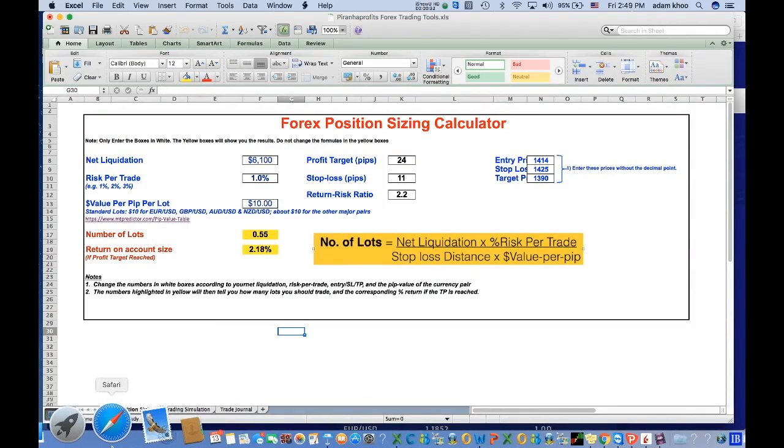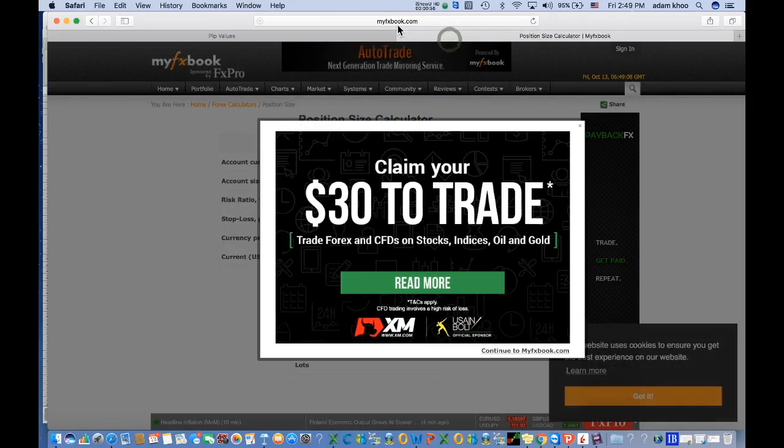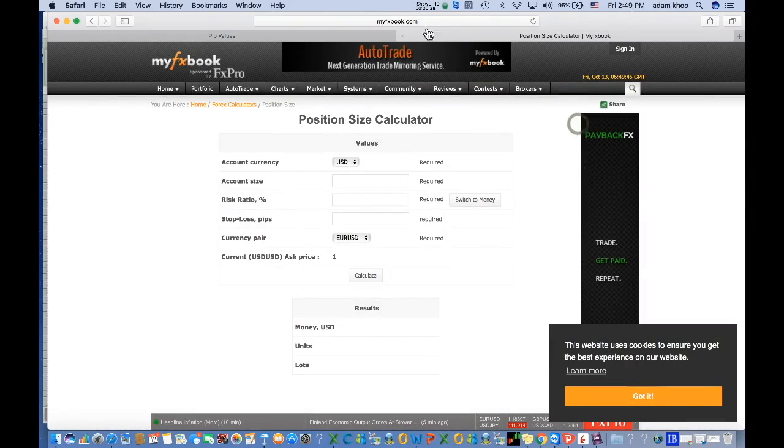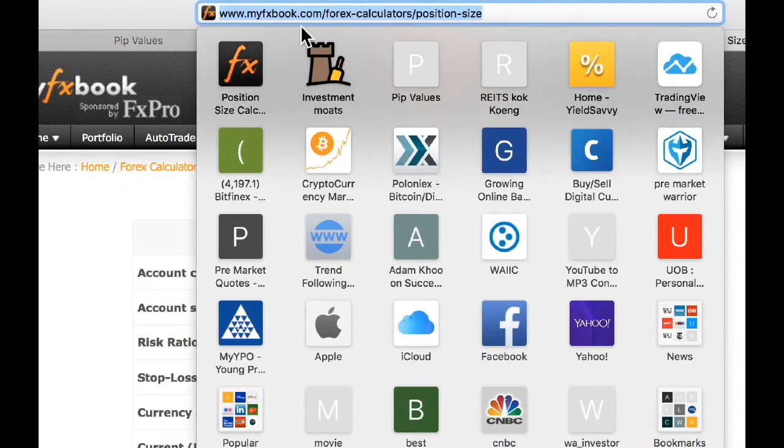Like I mentioned in the earlier lesson, under position sizing, you can go to any website that has a position sizing calculator. This is one of them, myfxbook.com/forex calculator/position size. You also have an app on your phone that you can use.